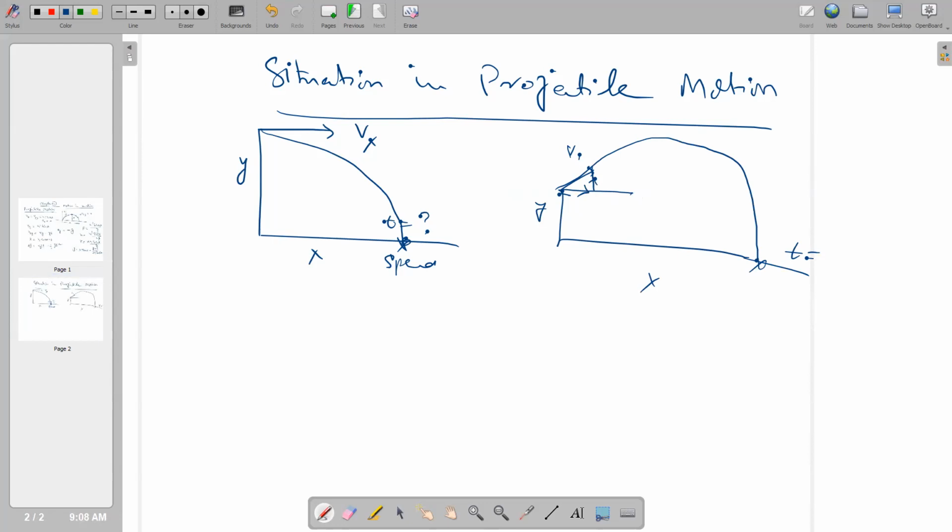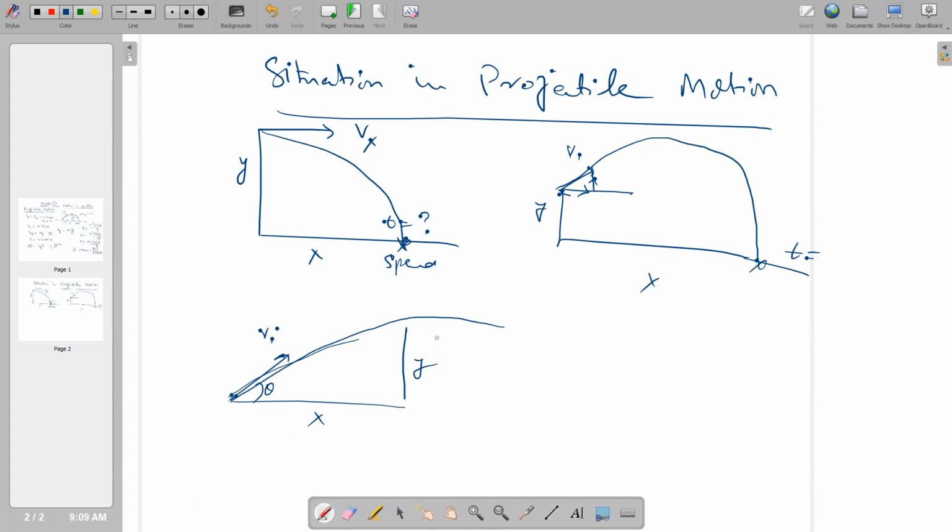The other situation is if this is a barrier or a fence or any building, and you throw a ball from here and it clears this building, with its velocity, its angle, this is its height, and this distance is given.